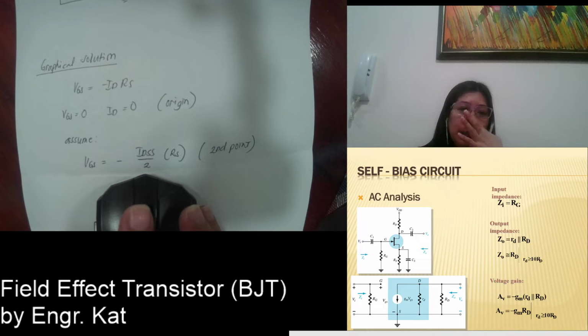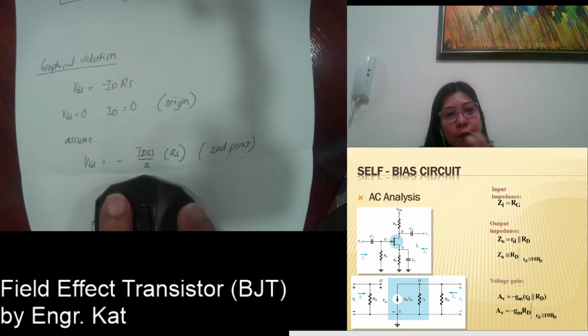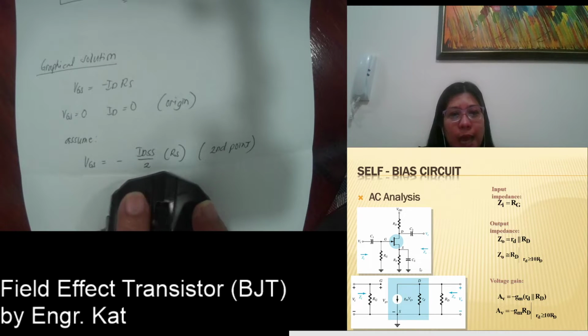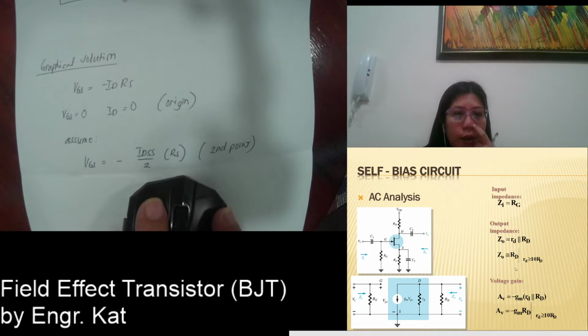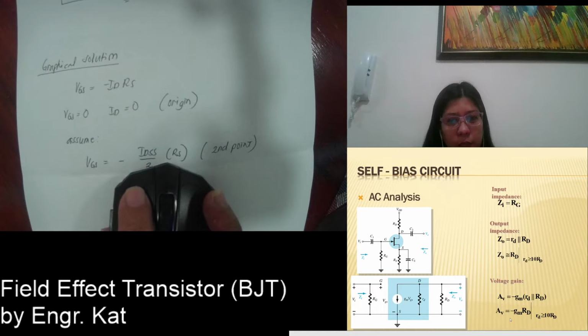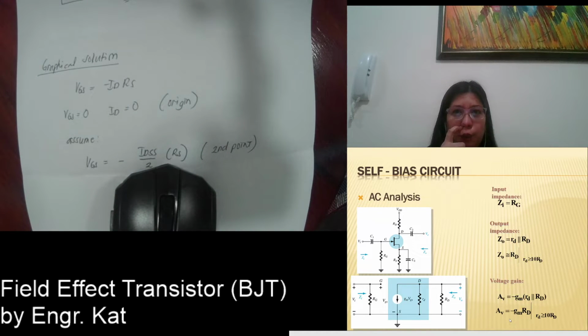For AC analysis, it's the same. Since we have CS here, RS will be bypassed. So your ZI will be equal to RG, your ZO will be equal to RD parallel your drain resistance, and for the voltage gain, it will be the same. It is very, very simple.